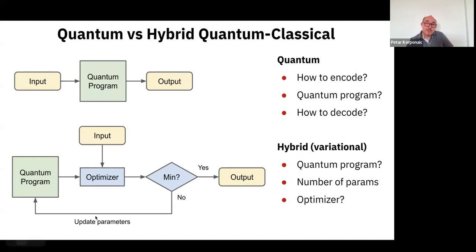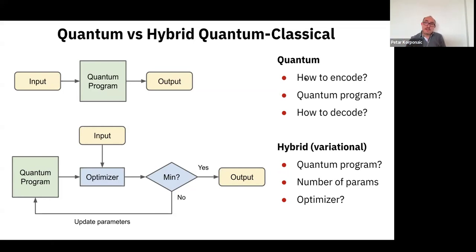So a quantum program is something like, let's say, training a neural network. When training a neural network, you are modifying parameters with an optimizer, and this is something similar. So there are two approaches: quantum and hybrid quantum classical, and both have pros and cons.